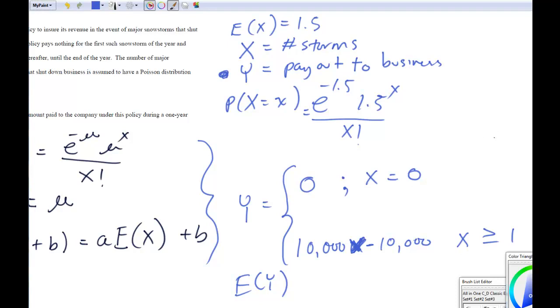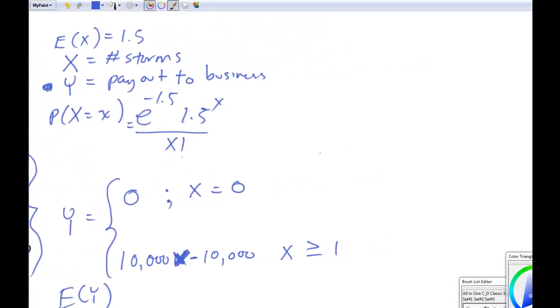Alrighty, and that should be easy enough. So E of y is equal to the sum from x equals 1. We say x equals 1 because that is our starting point. We don't start from 0 because our value is going to be 0.